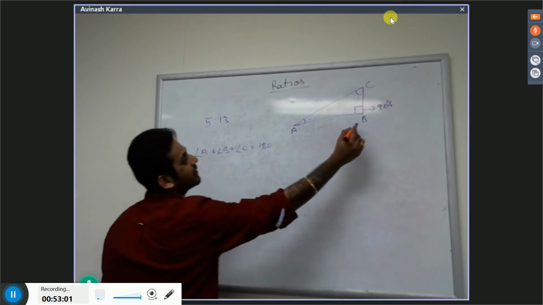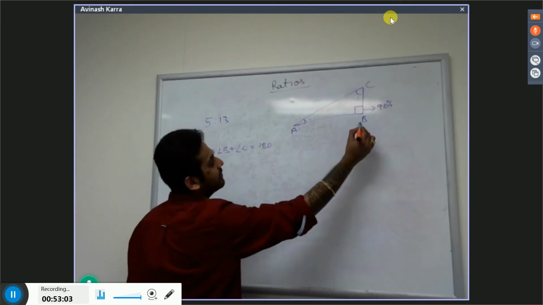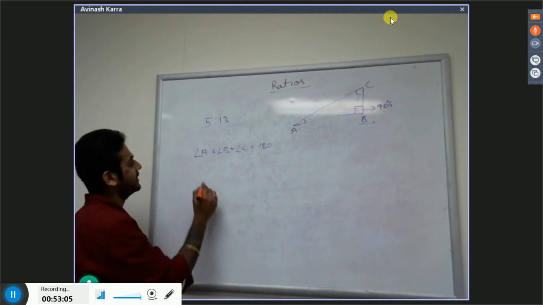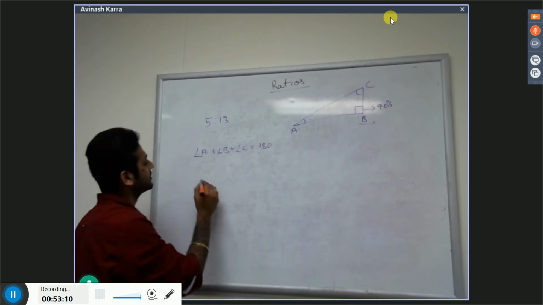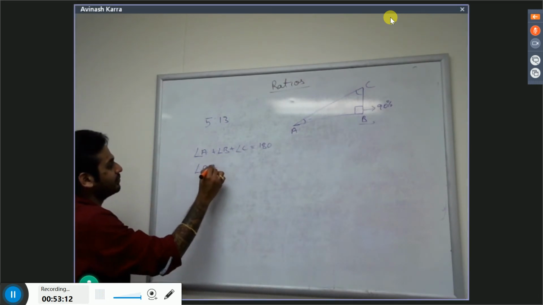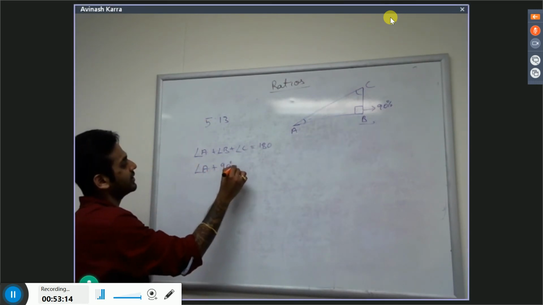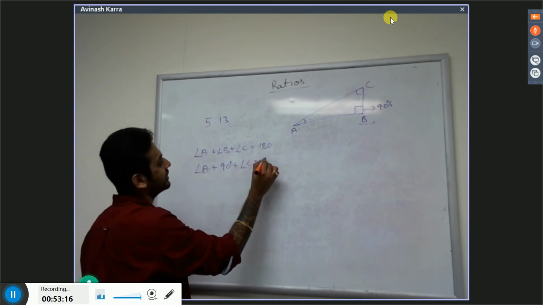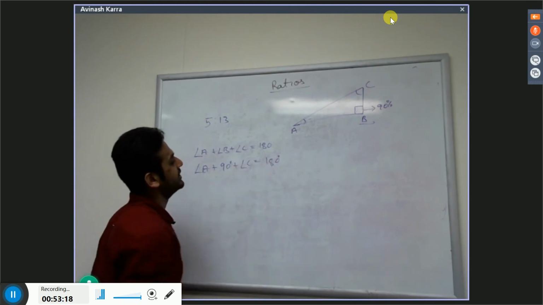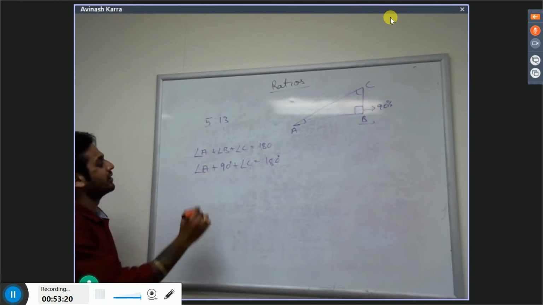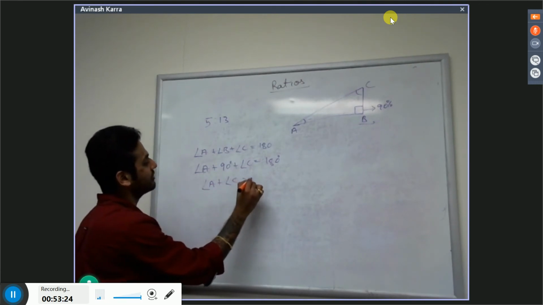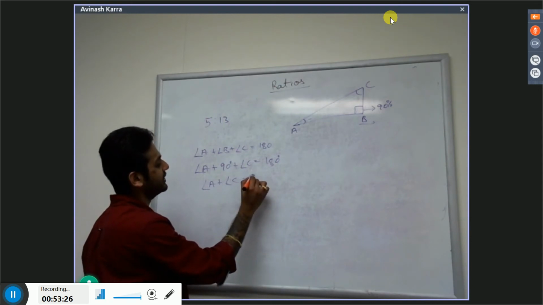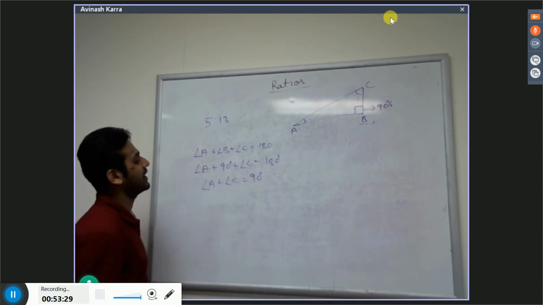We know that if it is a right angle triangle, one angle is definitely 90 degrees. So angle B is equal to 90 degrees. 90 plus angle C is equal to 180 degrees, right? Angle A plus angle C is equal to 180 minus 90, nothing but 90.